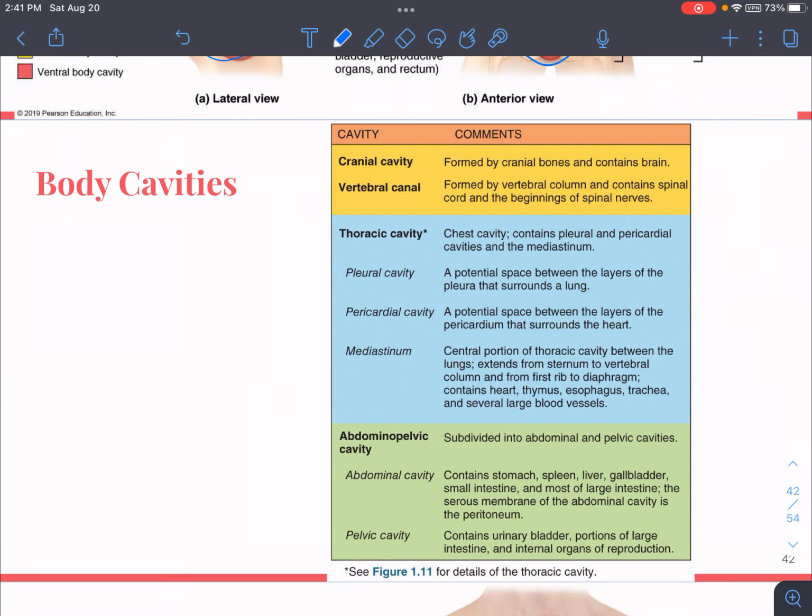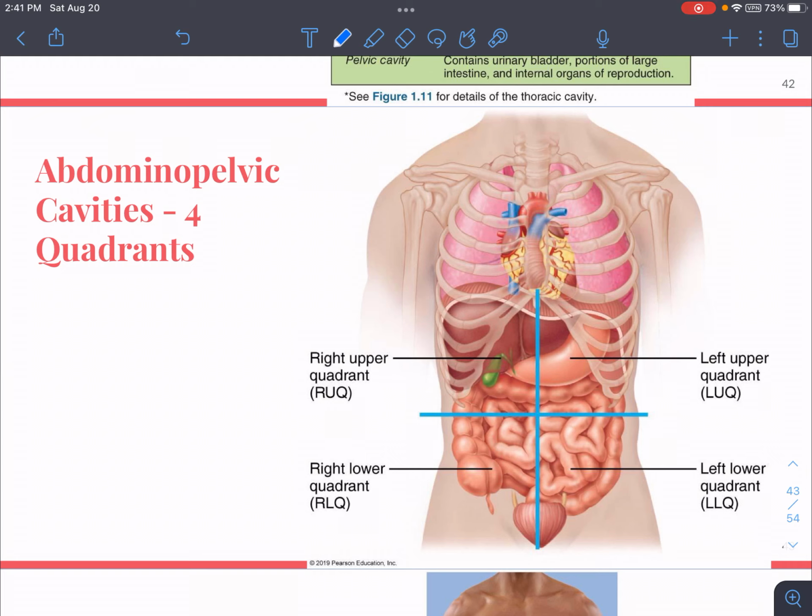Now, when you're dealing with stomach, abdominal, pelvic issues, what we tend to do is we split the abdominal pelvic area into different quadrants. There's a 4-quadrant system and a 9-quadrant system.